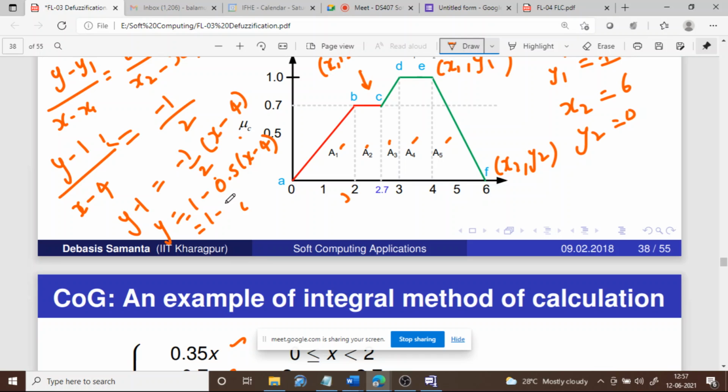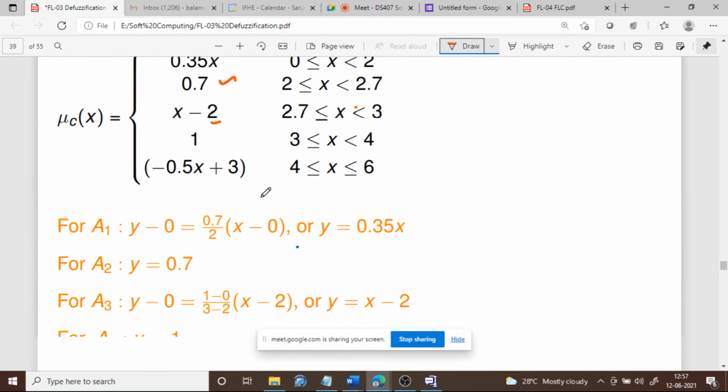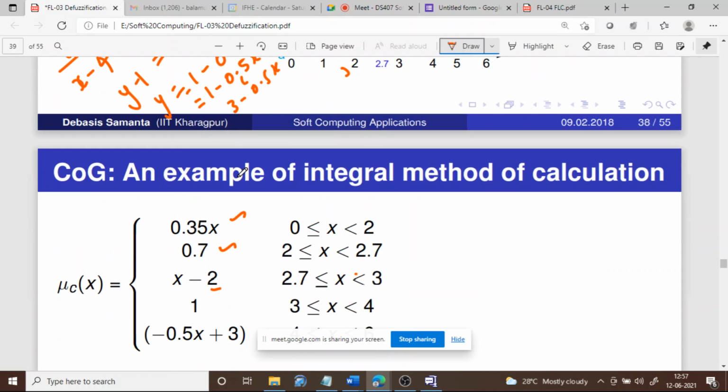So this is 1 minus 0.5x, minus 0.5 into 4 is nothing but plus 2. So 2 plus 1 is 3. So it is 3 minus 0.5x, right?